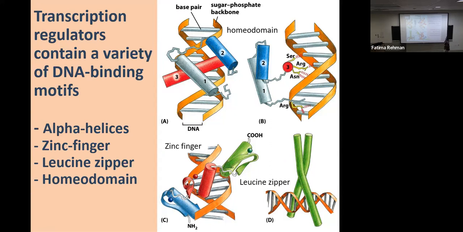Another one is leucine zipper. These are usually coiled protein structures that can open and close under different environmental conditions, and they can wrap around the DNA and affect that area. And then you have homeodomains. Homeodomains can be different depending on which protein you're looking at, what kind of other proteins it's going to bind to, or specific DNA sequences it's going to bind to. So homeodomains contain specific areas that can bind to only specific sequences on DNA.